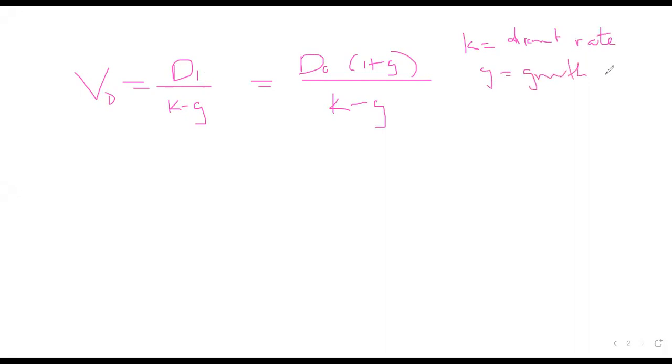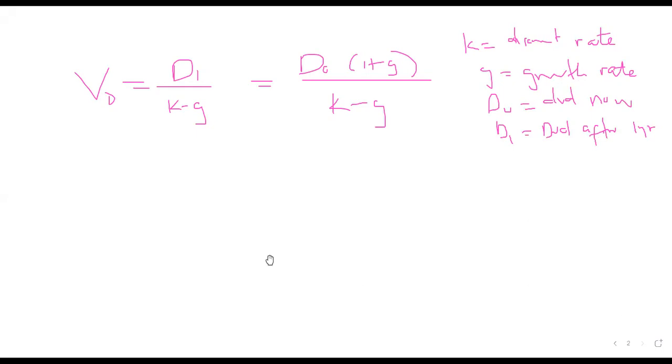D0 is the dividend now, in year 0. Then D1 is the dividend in year 1, or after 1 year. So you need to be careful with the English that is given in the exam question.